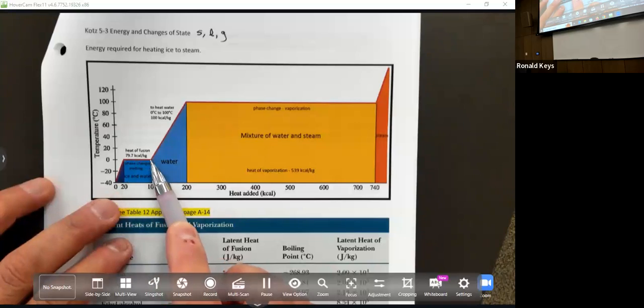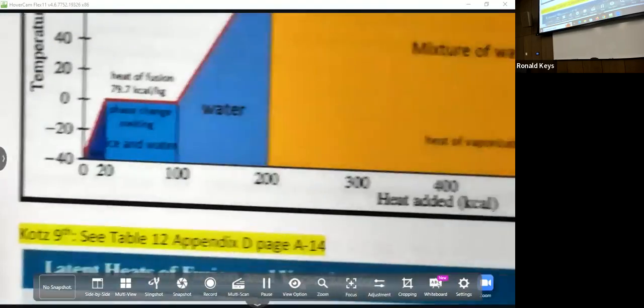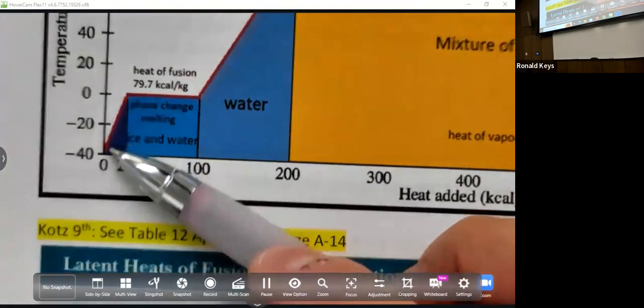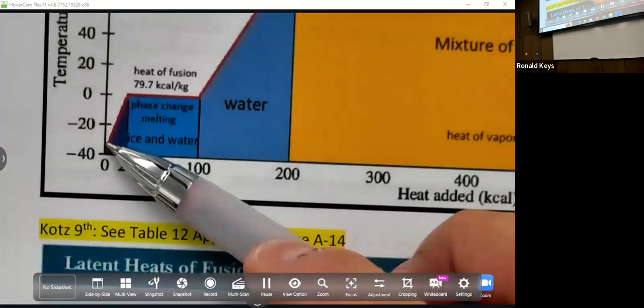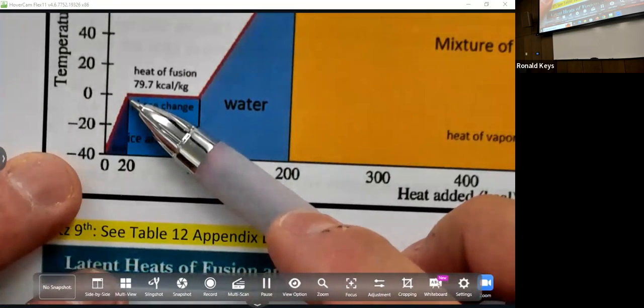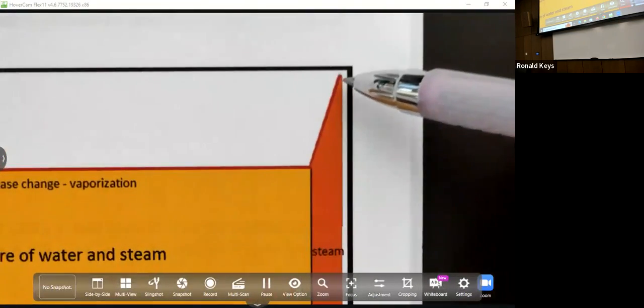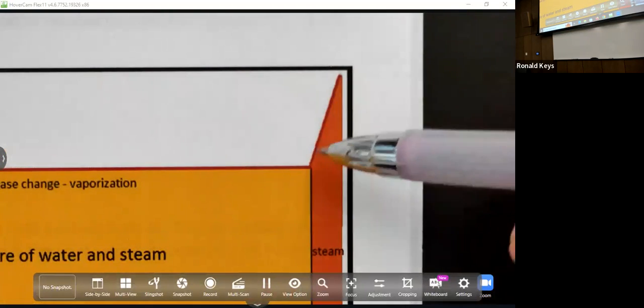This is how much energy it takes. So notice it does not take much energy to heat that ice up. But what we're trying to do is take that -40 frozen ice to steam. And we don't have the temperature, maybe 160, I don't know what it is, to steam up here.